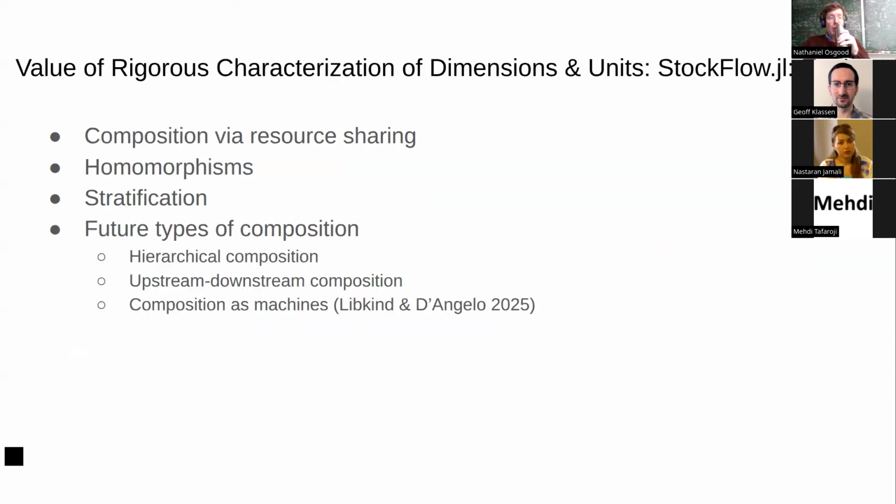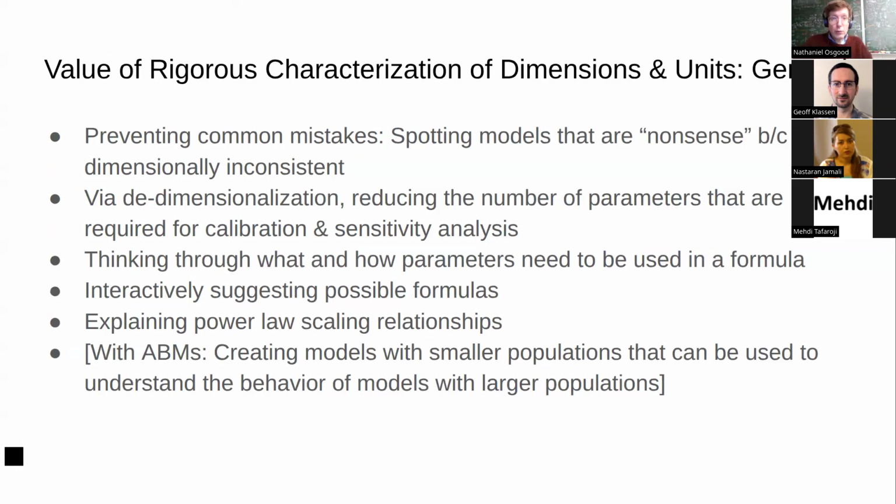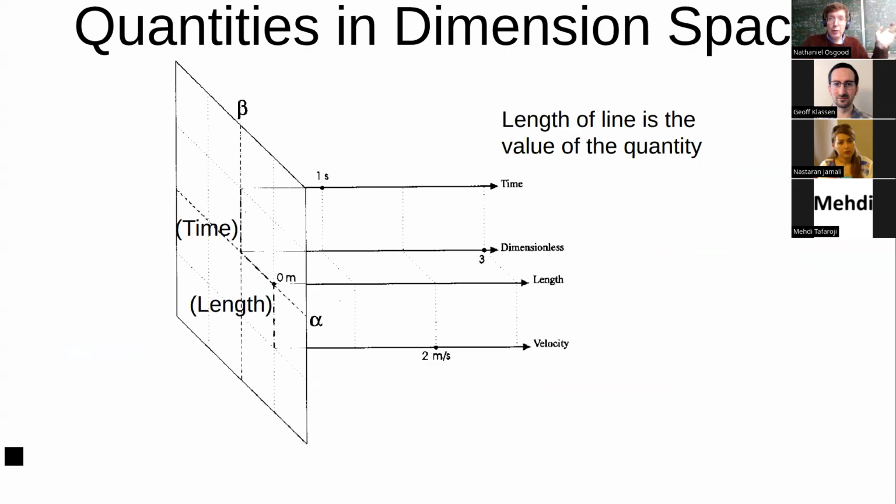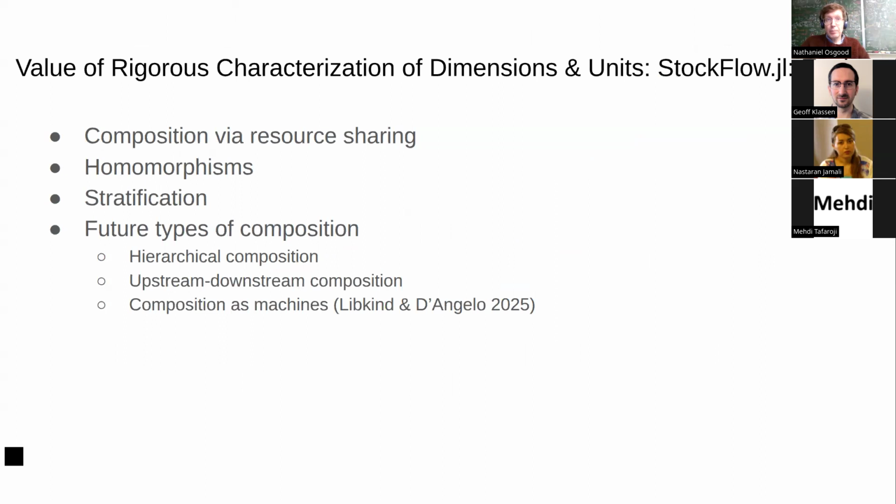Okay. So those are all good reasons we might want to care, when we are engaged in computation and reasoning mathematically about things, about dimensions and units. We want to avoid buggy models. We want to be able to reason about the scaling behavior. We want to be able to more easily calibrate them, whatever.